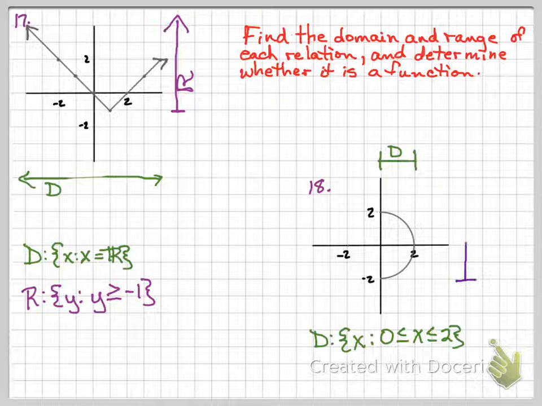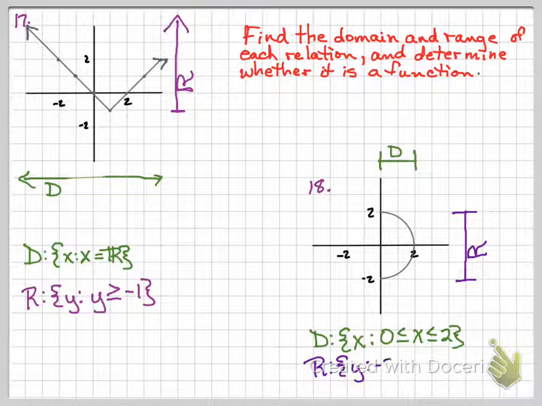My range starts at -2. My graph ends at +2. This is our range, it's the y. So we're going to put our swirly brace and say y is such that y. Now the graph starts at -2 at the bottom, so we're going to start our inequality with -2.